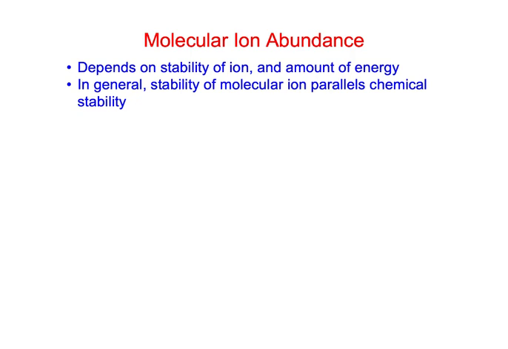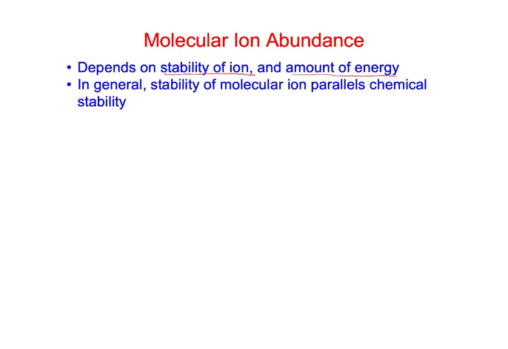All right, so the abundance of the molecular ion depends upon the stability of the molecular ion, okay, and the amount of energy that's put into it. Typically, these experiments are all run with a certain number of electron volts in the electron beam, but it can be varied.